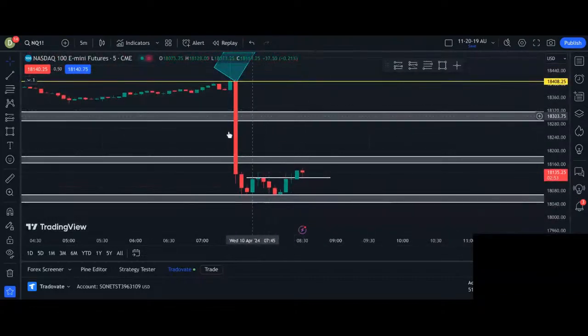I do kind of expect price to fill in some of this gap though, because that's a long stretch with no trading activity between.